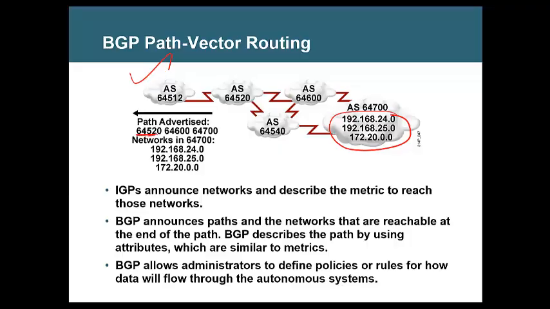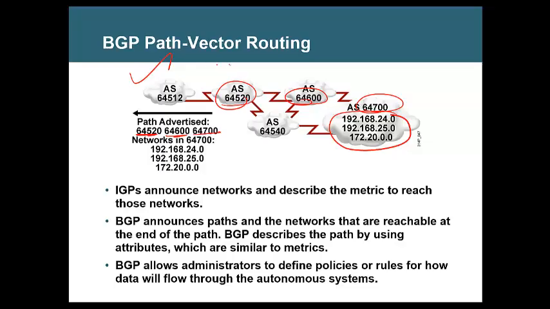It says, I learned it from 64520. That autonomous system learned it from 64600. And that autonomous system learned from 64700. It shows the autonomous systems via which this route arrived here in 64512. It's a path vector routing protocol.